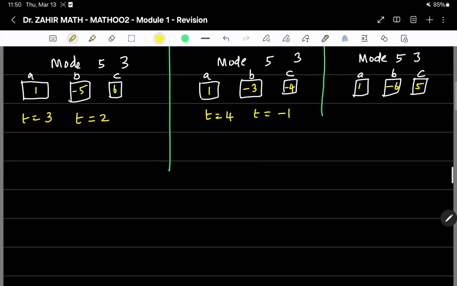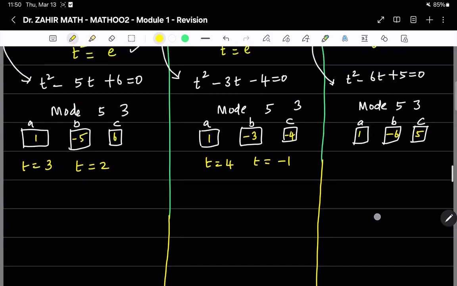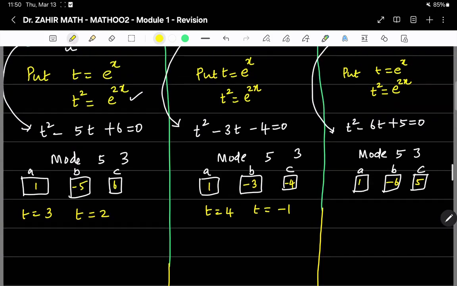Let me extend this line. And this one, if I put 1, minus 6 and then 5, I get the answer t is equal to 5 and t is equal to 1. Okay, 5 and 1. Is this t your answer?